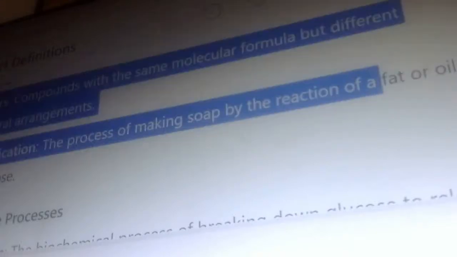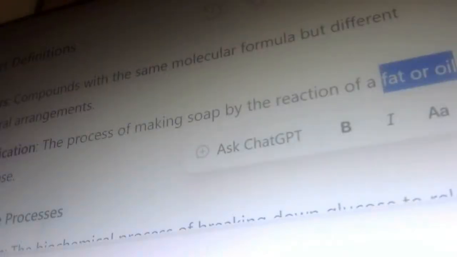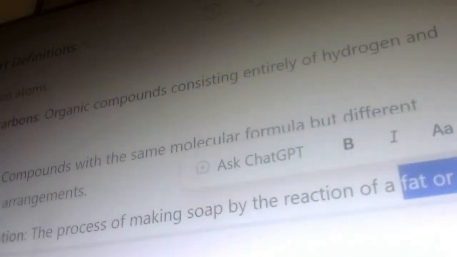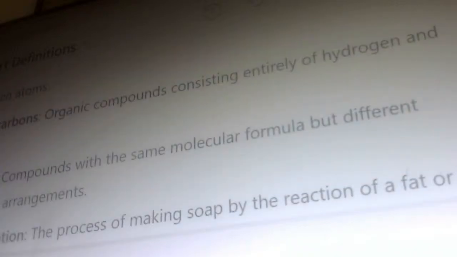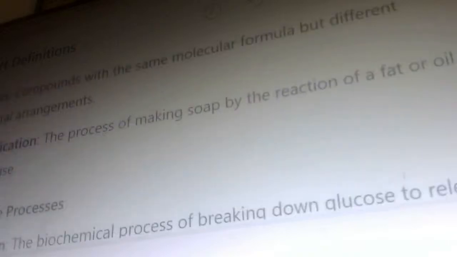It's not fat or oil. Saponification is this one, right? Is it ester? I think it's ester with sodium hydroxide or sodium metal. I'm not sure. Fat or oil with a base; base means sodium hydroxide.